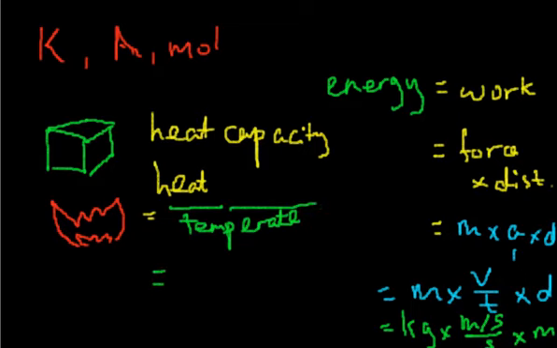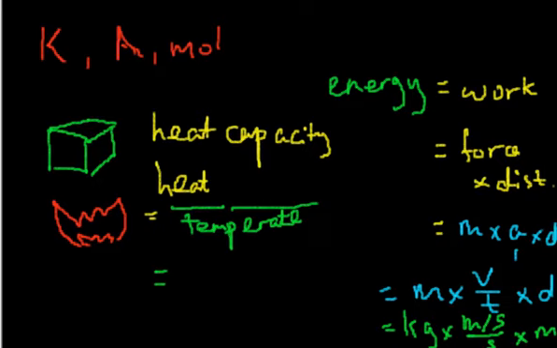Okay, so it would be this unit divided by Kelvin. So let me choose another color. So it would be this unit, which is the unit for energy, kg meter squared over second squared, divided by temperature in Kelvin.